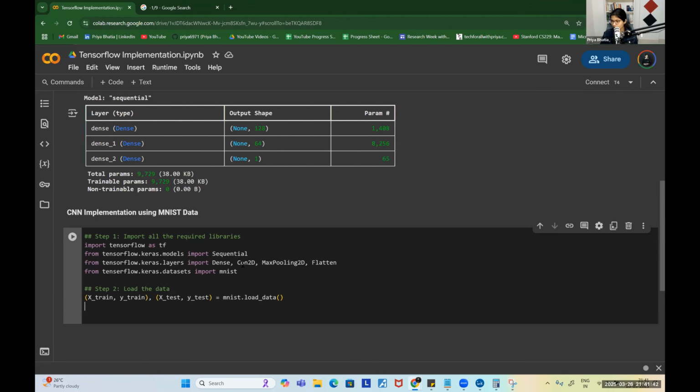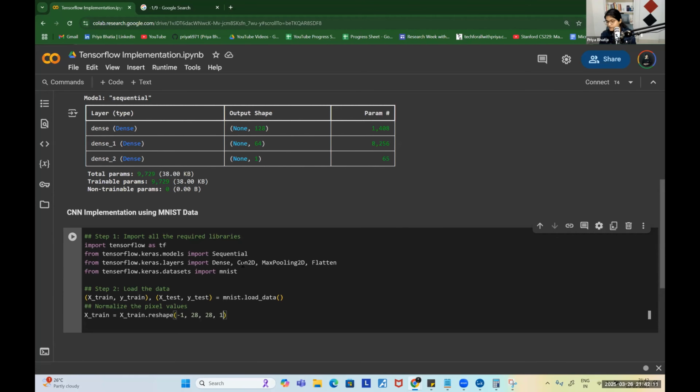Now, what we will do is normalize the pixel values available in our data set of X_train and X_test. So X_train equals X_train.reshape, we are passing -1, 28, 28, 1.